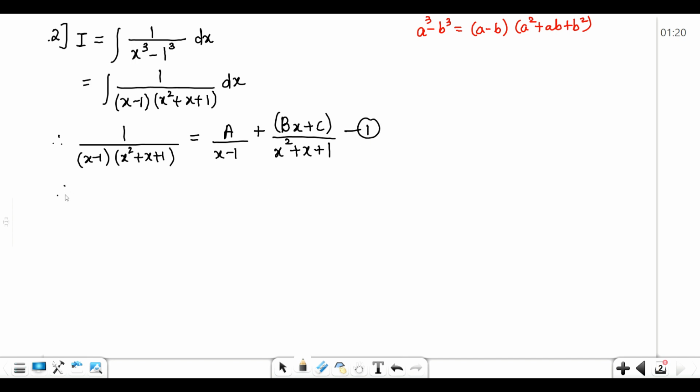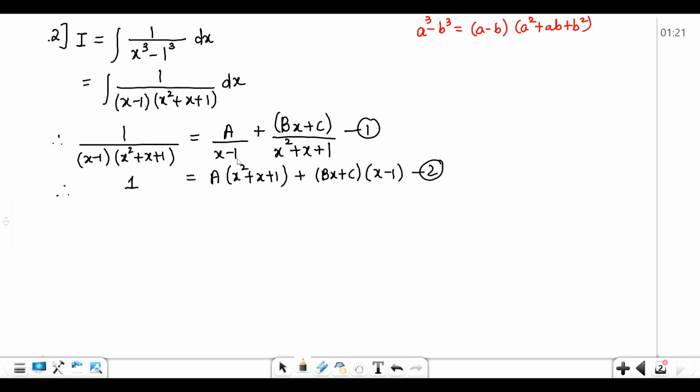Now if you take the LCM, or multiply both sides by these two terms, you will get 1 is equal to a times (x square plus x plus 1) plus (bx plus c) multiplied by (x minus 1). This is equation number 2. Now let's decide how to find the value of a.